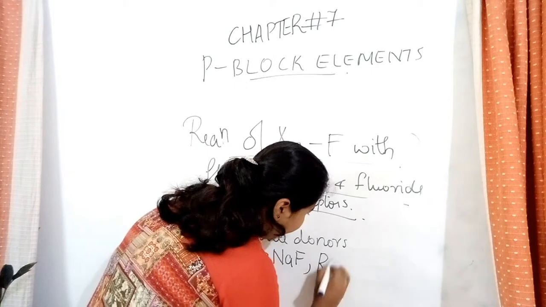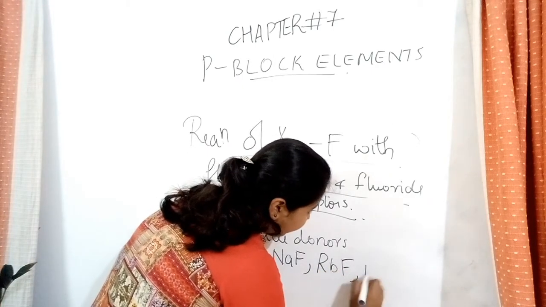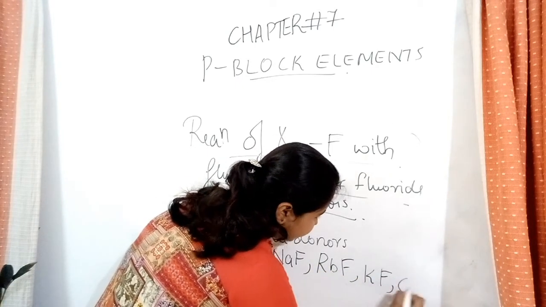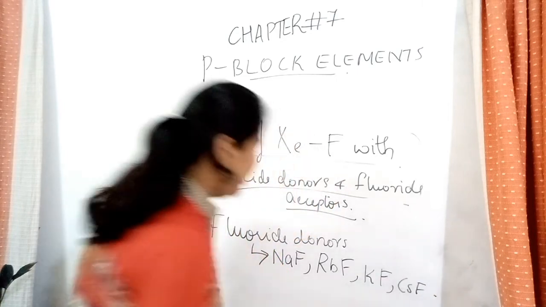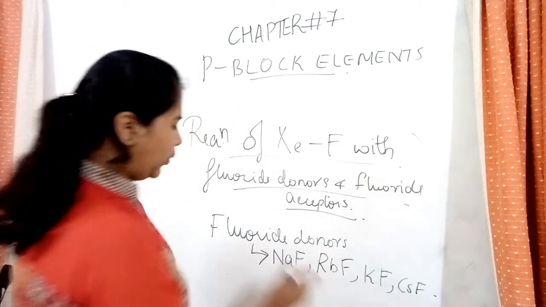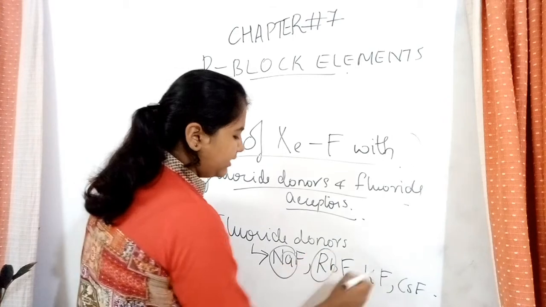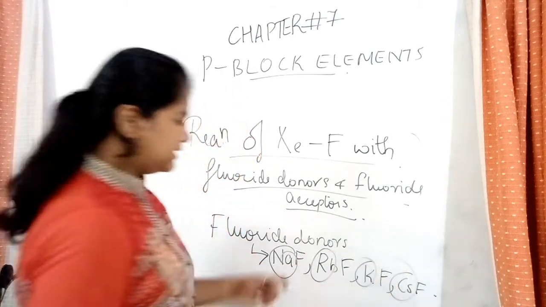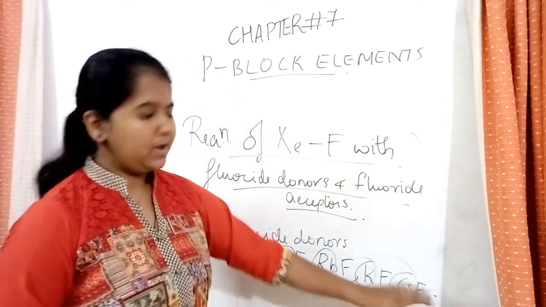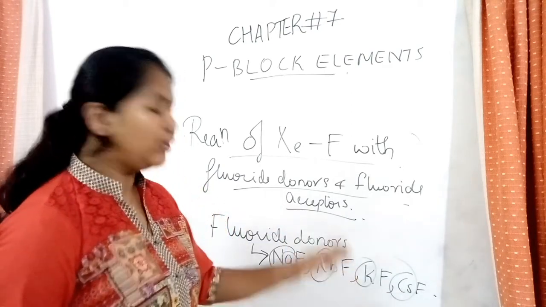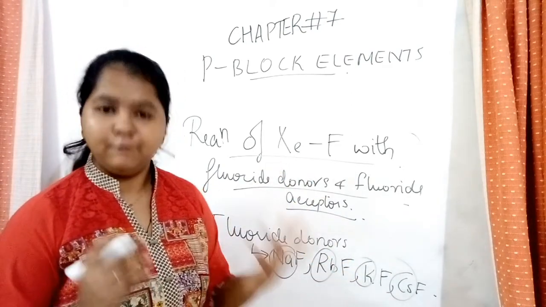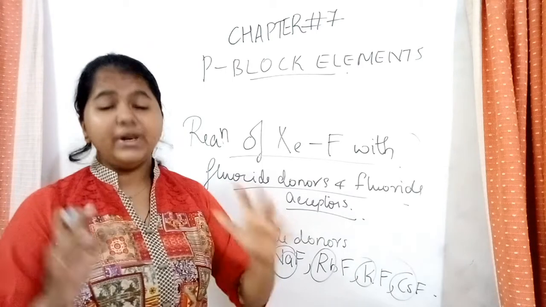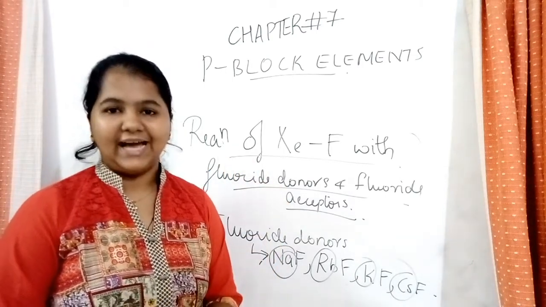Then we have RbF, KF and CsF. So look at these. What are these? Na, Rb, K, Cs and all. This is sodium, potassium, rubidium and cesium. These are all metals, and therefore these are called metallic fluorides. So the fluoride donor atoms are metallic fluorides.